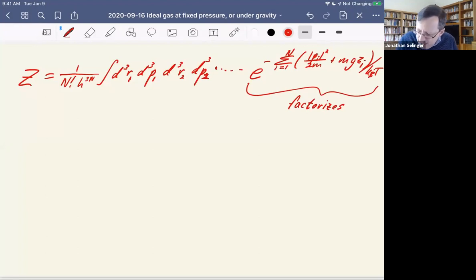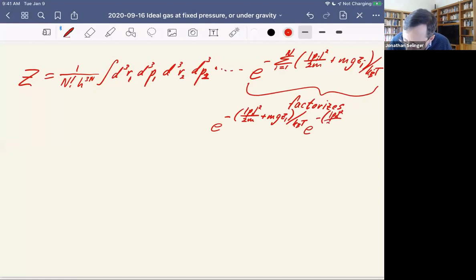That is, it is the product of something for particle 1 times something for particle 2 times something for particle 3, etc. So it's e to the minus p1 squared over 2m plus mgz1 over kT, times the same thing for particle 2, e to the minus p2 squared over 2m plus mgz2 all over kT, times the same thing for number 3, number 4, et cetera.